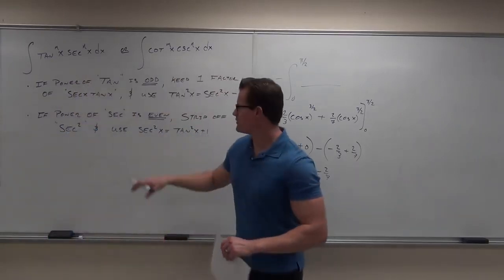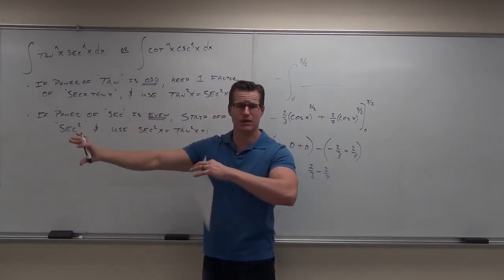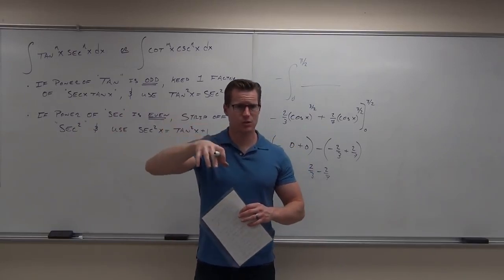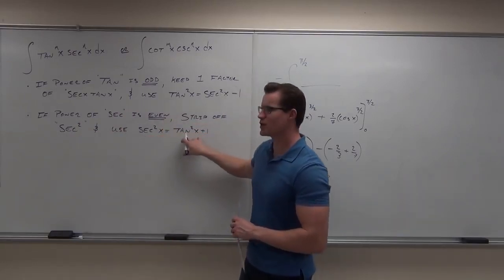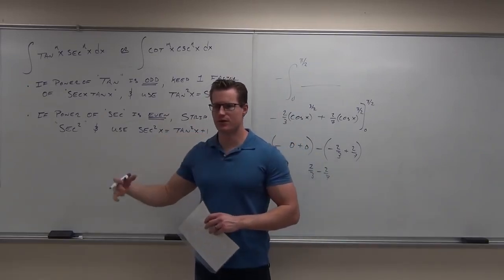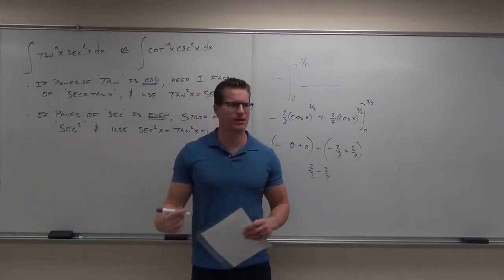If we have an even power of secant, we can strip off the rest of the even power and keep a secant squared. If we keep a secant squared and use this to translate everything else into tangent, tell me something: what's the derivative of tangent? Secant squared. That's going to allow us to make a substitution.